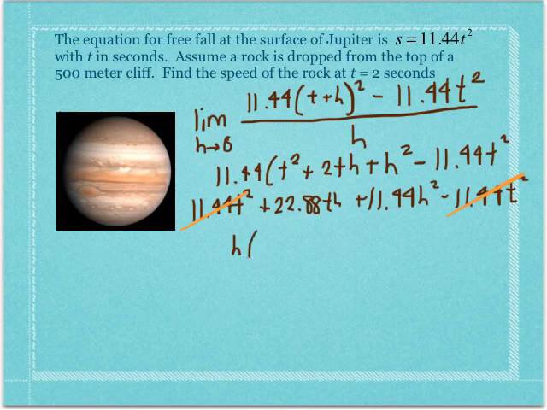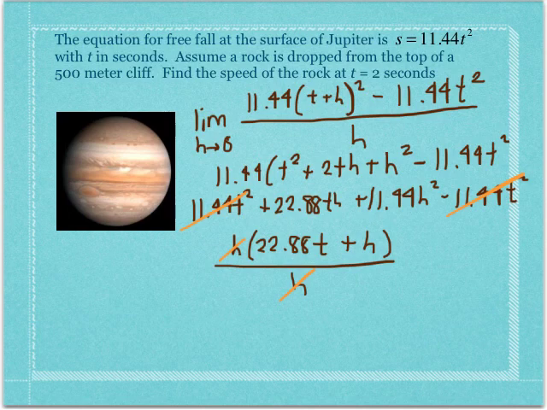So I have h times (22.88 t plus 11.44 h), all of that over h. Again, we can do a little canceling here, like that. So my expression is this. Remember, this is still as h approaches 0.